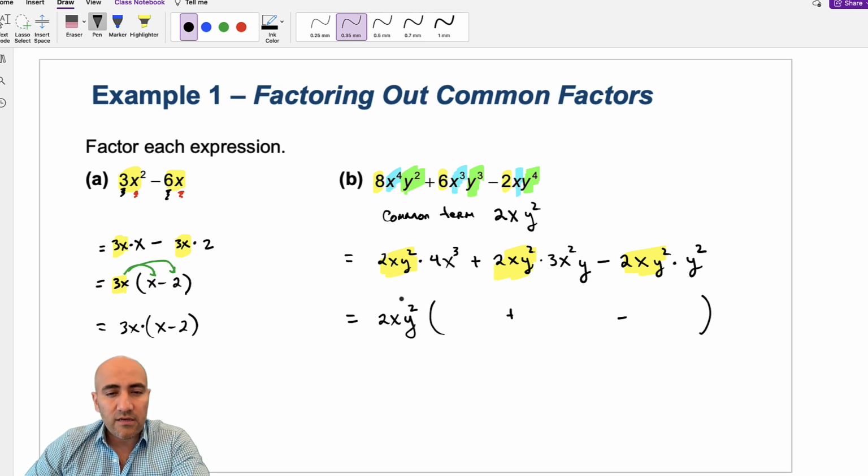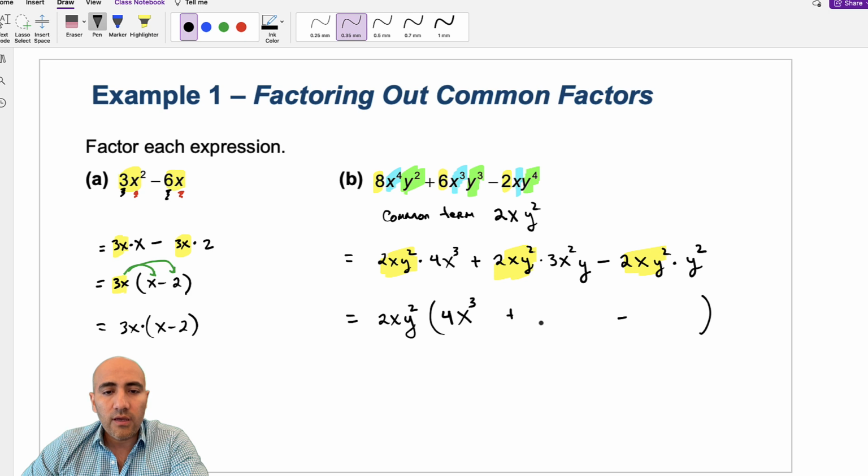And I think to myself, this times this blank right here has to be equal to this first term. And that's how I arrive at this 4x to the power of 3. So 2 times blank equals 8, so that would be a 4. And then x to the power of 3 times x equals x to the power of 4. And then times 1, because y to the second power times 1 is y to the second power.